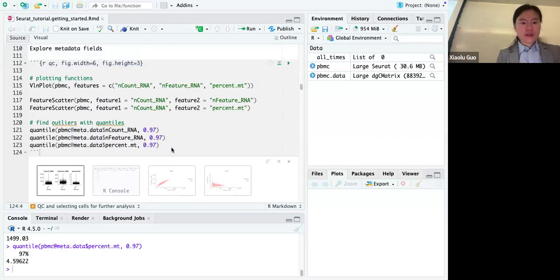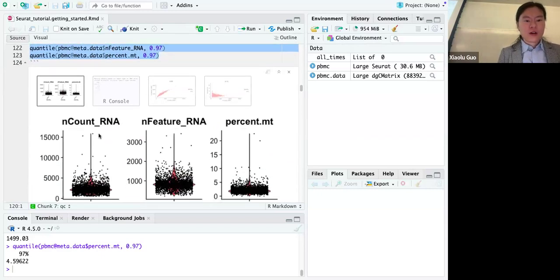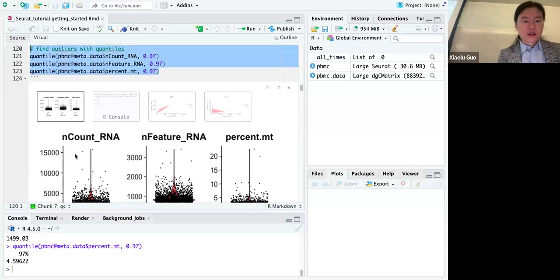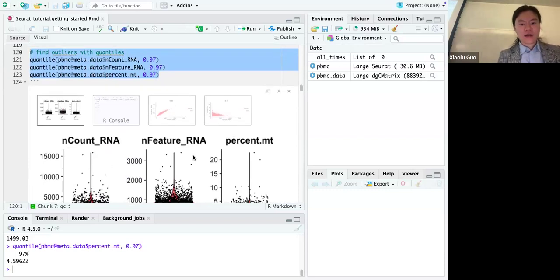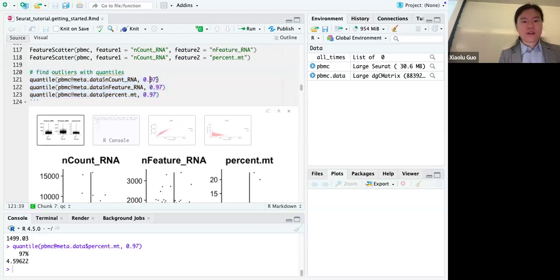Okay. So the next thing is that we calculate some statistics. How do we define those outliers? We need to find a cutoff or a threshold. One way is to figure out the quantile. Here we can calculate the 97% quantile for each metric.